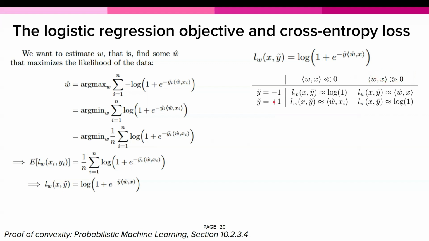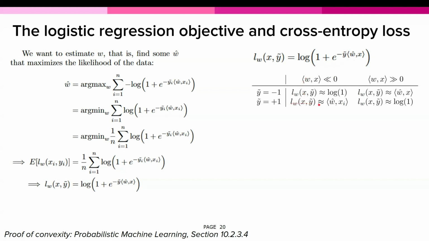If the true label is negative and the inner product between these two is much less than 0, that means that the model is confidently predicting the correct outcome. So then we have e raised to a negative times a negative times a negative, so e raised to a very large negative number, which is about 0. So the loss becomes the log of 1, which we know is 0. We've made a very confident prediction, and we're correct about it, so we don't suffer a penalization.